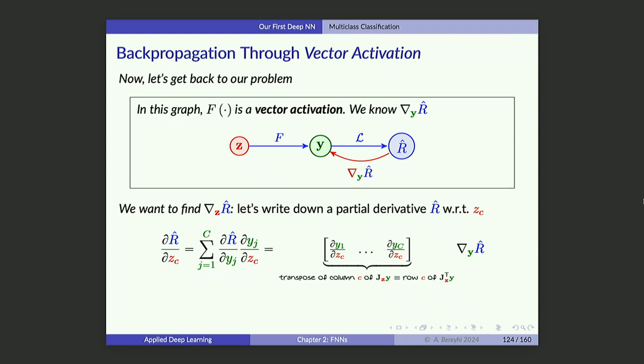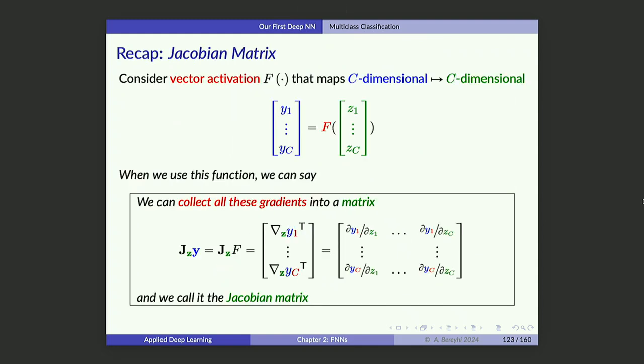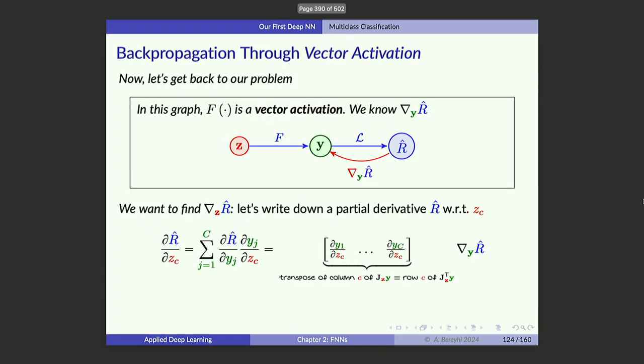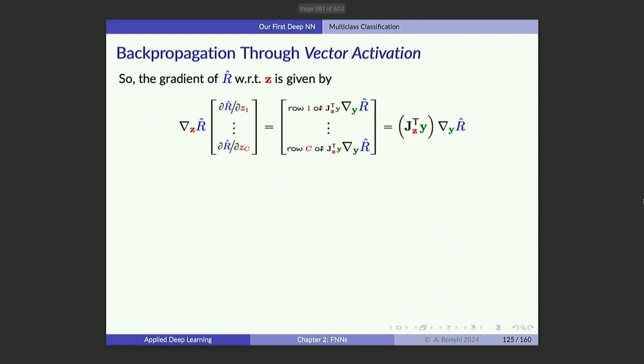So if you compare this, look at this, this is the gradient of y1 with respect to zc, till the gradient of yc with respect to zc. And if you compare it with the Jacobian, this is basically one of the columns, right? The only thing you need to do now is to multiply the Jacobian matrix with this gradient, but you should do the inner product. Yeah? You can double check the math afterwards. You can simply see that this is basically the Jacobian that you have computed, transposed, times your gradient. Clear?